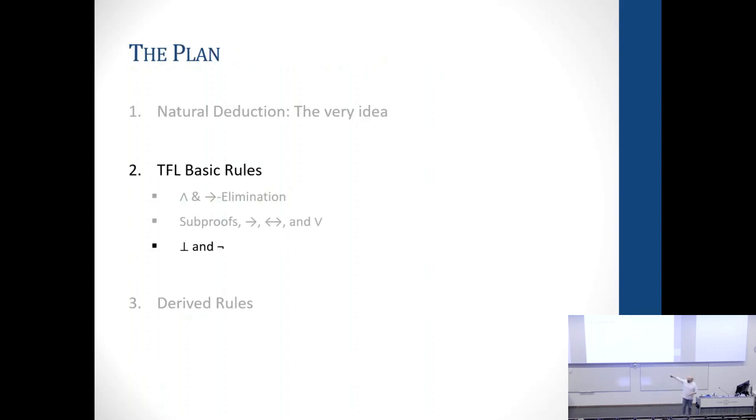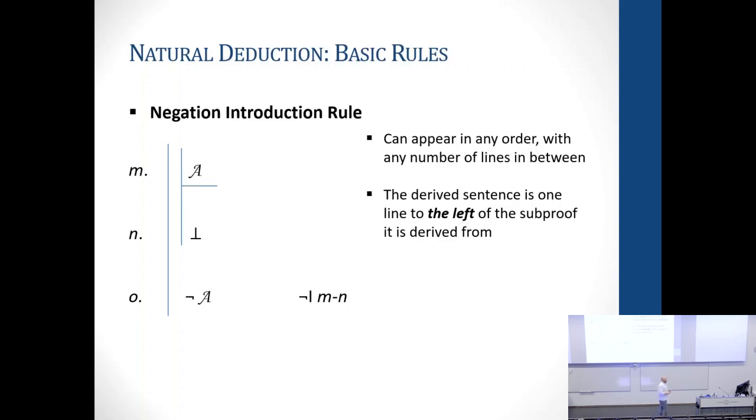And to do that, we're going to introduce my upside down T. My upside down T is a very special symbol in this system. It is our contradiction symbol. So if you see upside down T, it is a shorthand way to say problem. You've got a contradiction.